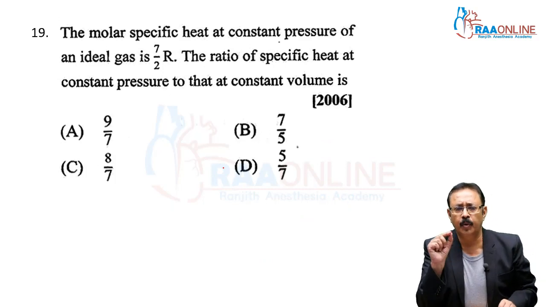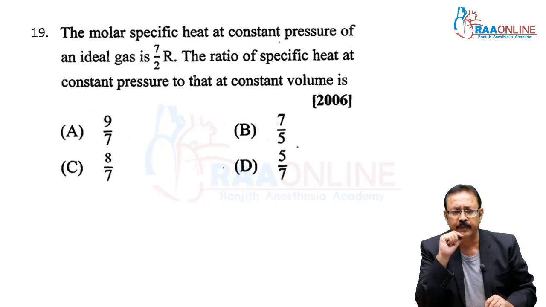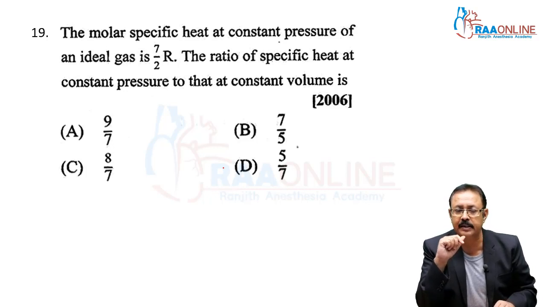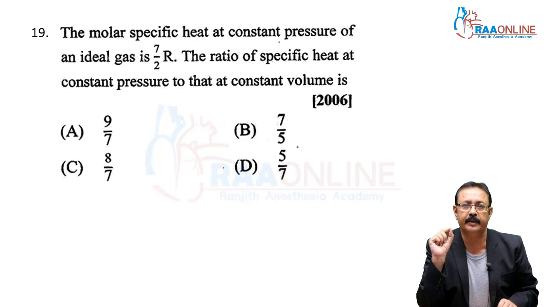19th: the molar specific heat at constant pressure of an ideal gas is 7/2 R. The ratio of specific heat at constant pressure to that at constant volume is? They asked this problem in 2006 AIPMT.